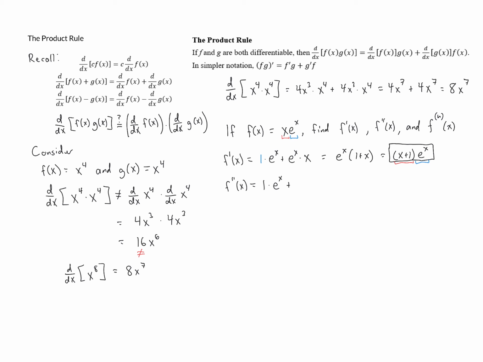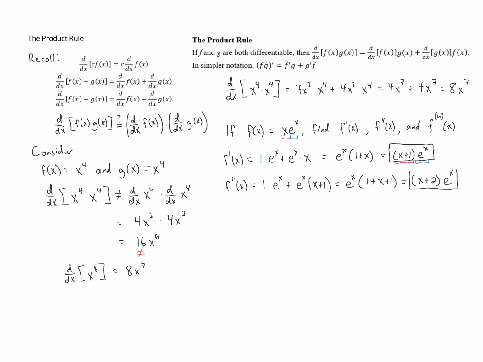Well, the derivative of e to the x is just e to the x, and then times the first function is x plus 1. Again, we've got an e to the x that can be factored out, and the leftovers are 1 plus x plus 1, and we know that when we combine like terms in the parentheses, that gives us x plus 2, because 1 plus 1 is 2, and then that's going to be times e to the x.